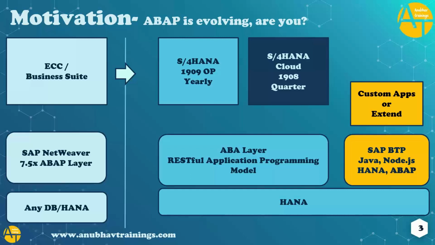And that's our main use case of this training. We will focus on the right side of this diagram, where we will create our BTP instance. We will understand what is SAP BTP, what is ABAP on cloud, and how to use the RAP programming model to build custom applications or to extend your existing S/4HANA solution into the cloud with the help of API Hub.